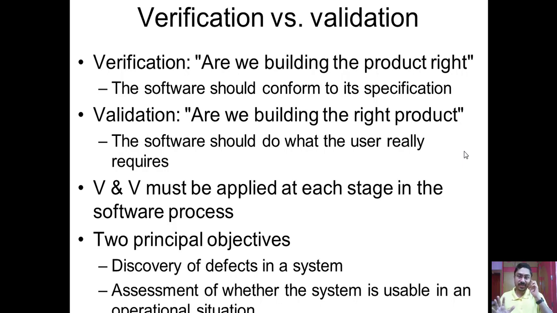Now both things are different. In verification, we are verifying against the company's policies, against a set of standards which our company follows for development. In verification, I am not inclined towards the user's expectations.